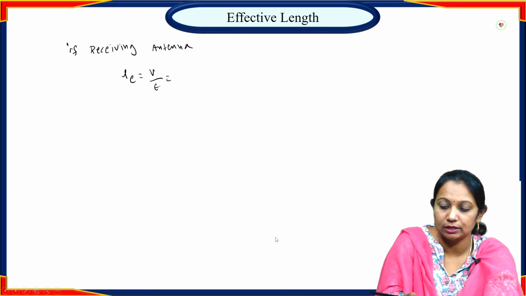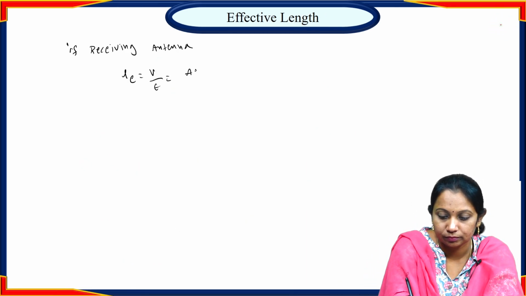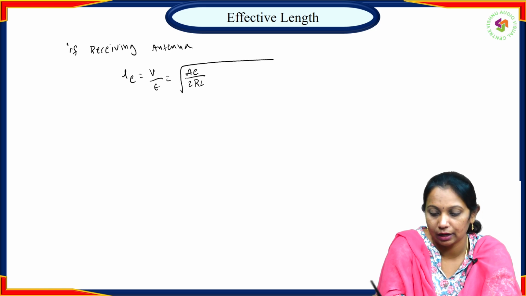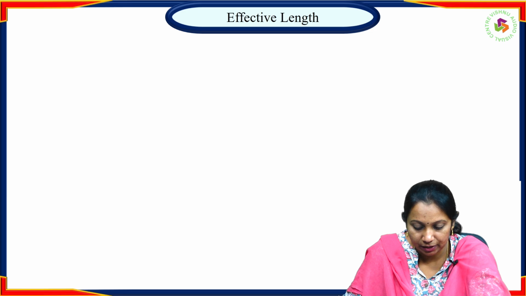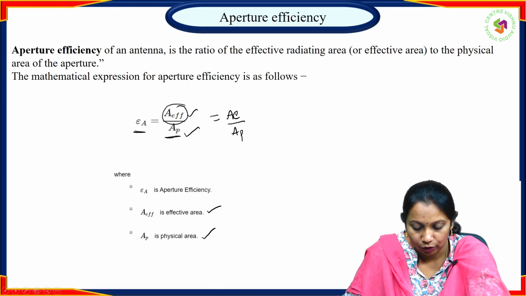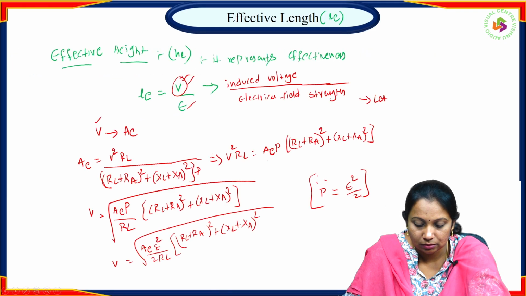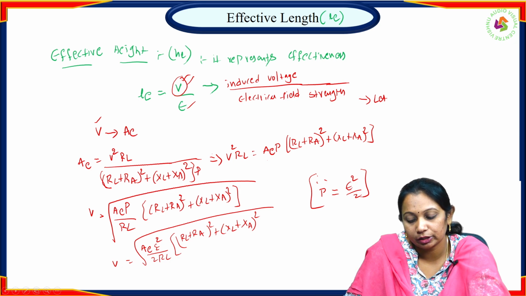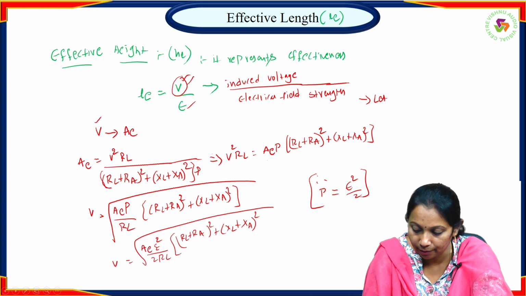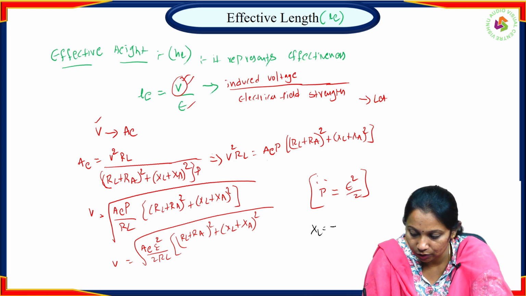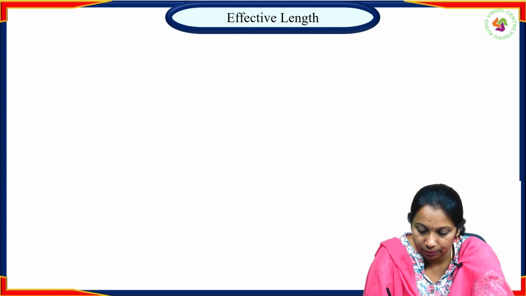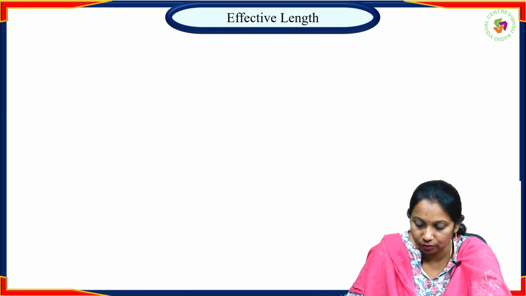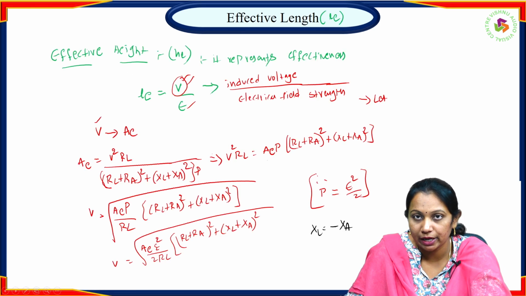Here we have RL plus RA plus XL plus XA. The maximum power will be transferred when XL is equal to minus XA, so that this value will be 0.